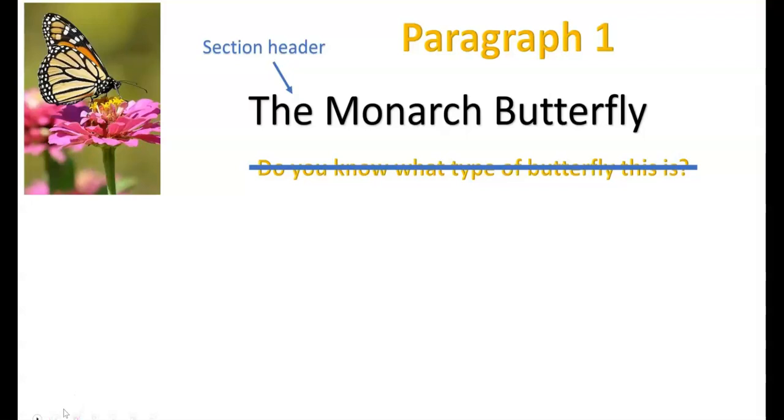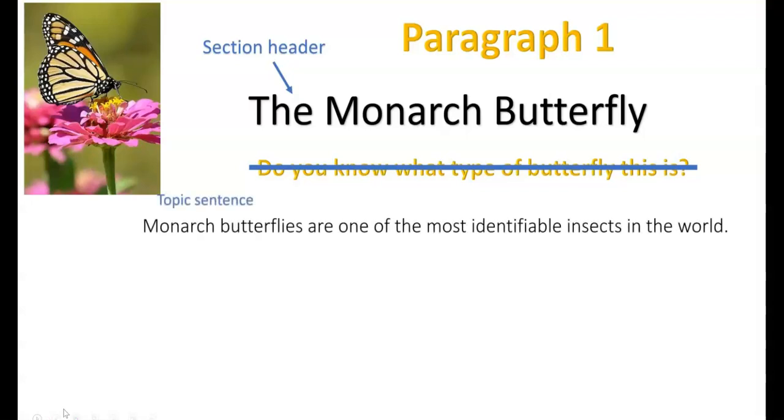Instead, use something like, monarch butterflies are one of the most identifiable insects in the world. This tells the reader what to expect in the paragraph. We now know this paragraph is about butterflies, specifically the monarch.